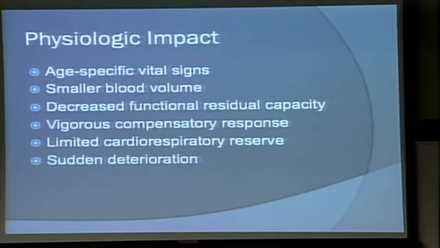So you have to know age-specific vital signs. Don't depend on your memory. Have them when you're at the scene. Have your little cheat sheets handy so you can look at them. All your Broselow tapes will tell you what it should be too. They have a small blood volume, decreased functional residual capacity in the lung.